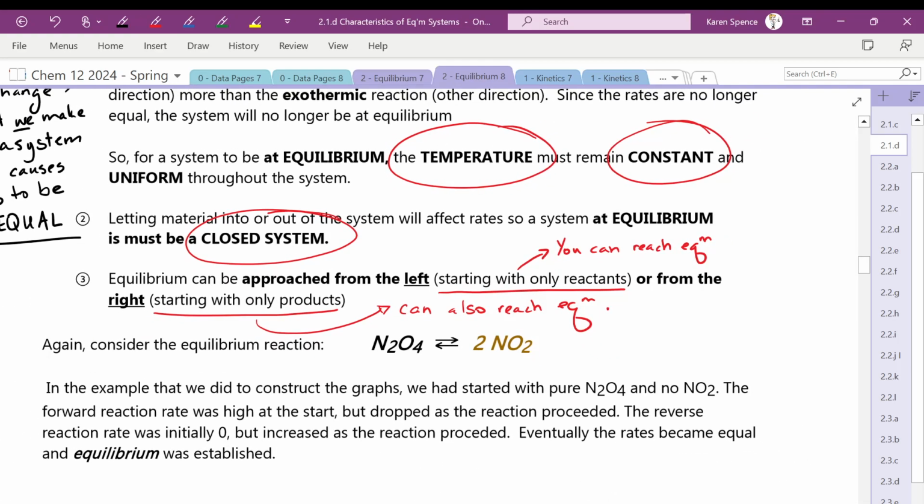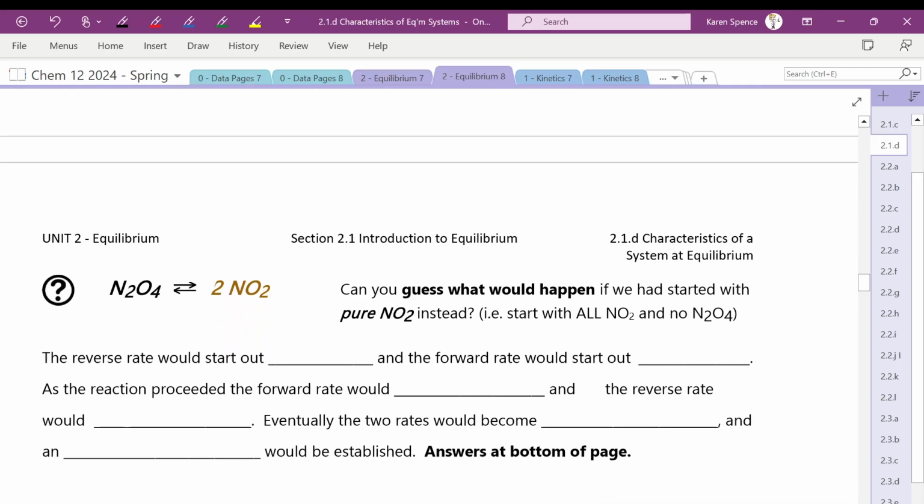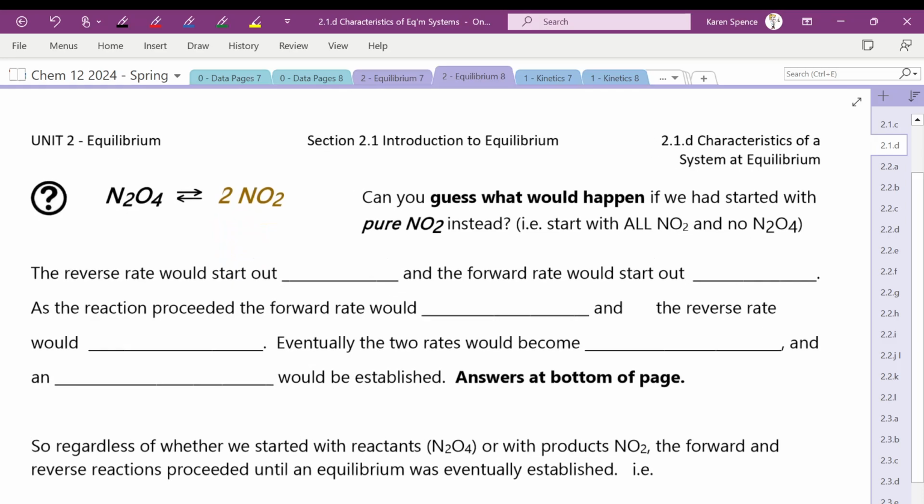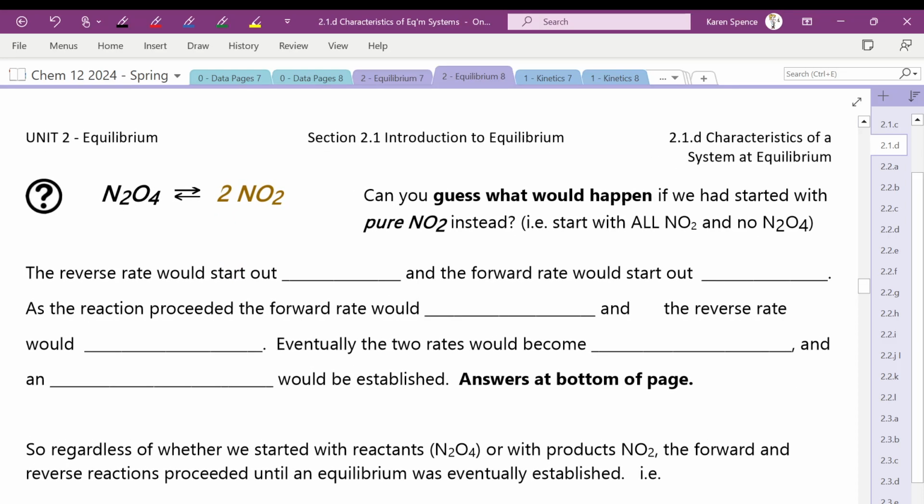Okay, we're going to skip over this little paragraph at the bottom. I'll let you read it on your own time. And we're going to go to this page because there's some lovely little fill-in-the-blank stuff. I would like you to think, can you guess what would happen if we start with pure NO2?